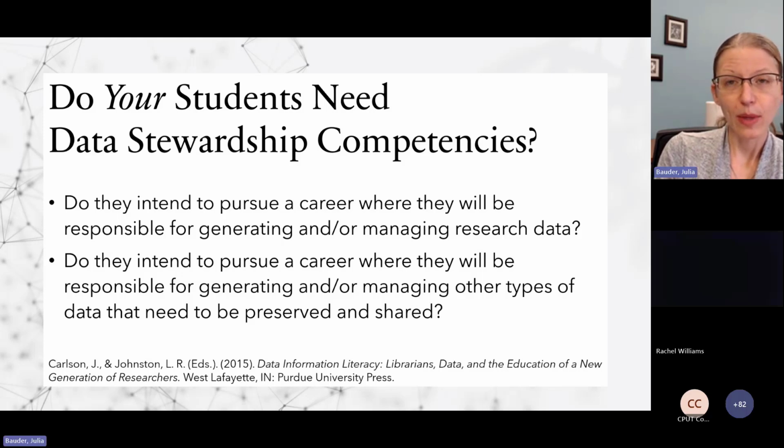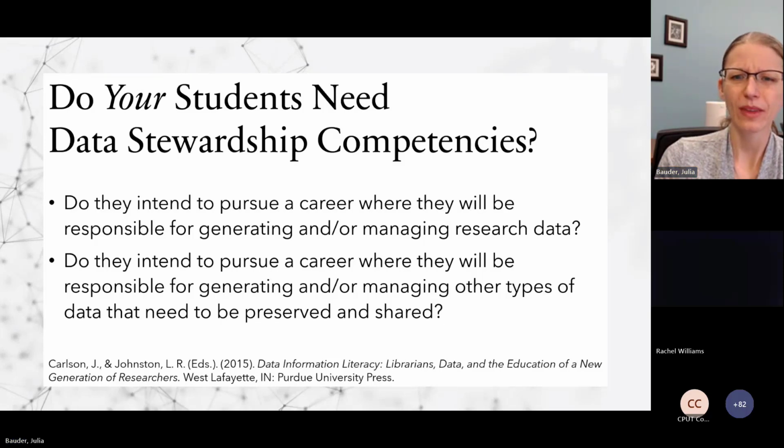And you can probably expand that conclusion to students who are doing graduate work in other academic fields, things like the quantitative social sciences, and even students who are headed for jobs in business, where they will be responsible for managing data from their firm. So especially students majoring in things like business analytics or data science or similar fields.